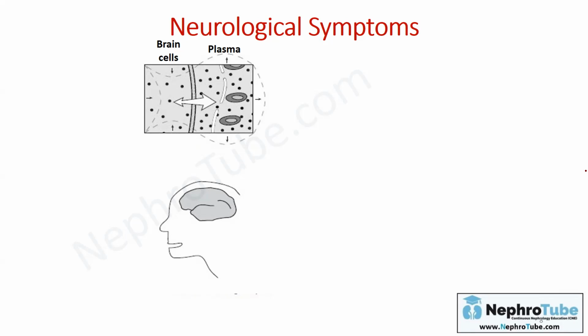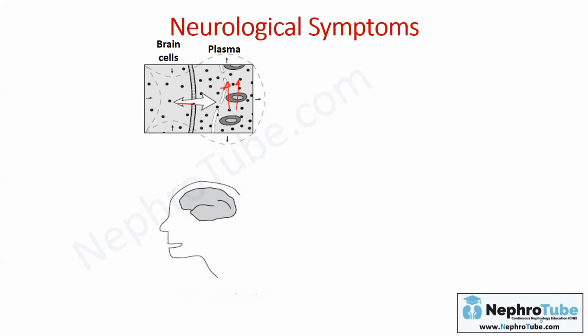Let's see here what is happening in case of hypernatremia. What I will discuss now is the opposite of what happened in hyponatremia, which we discussed in the past lecture. In hypernatremia, there is an increased concentration of sodium in the plasma, which will increase the osmolality of the plasma.